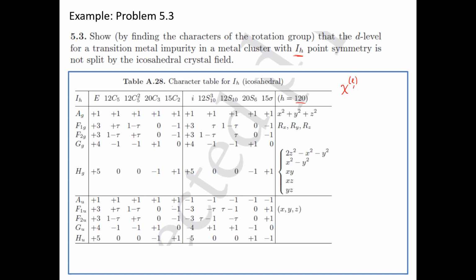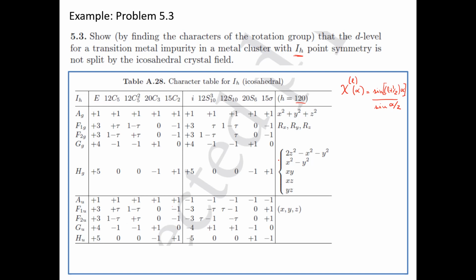The reducible representation of the full rotation group has the angular momentum quantum number L, and the character is written as sine of (L plus 1/2) alpha divided by sine of alpha over 2. So this is the character for rotation over an axis by an angle alpha.